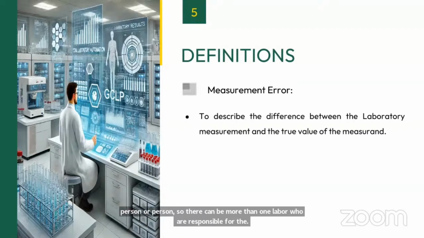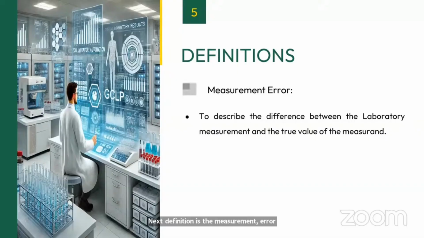The next definition is measurement error. It describes the difference between the laboratory measurement and the true value of the measurand. What is the true or actual value of the measurand, the exact concentration, and whatever you have measured in the laboratory may not always be accurate.